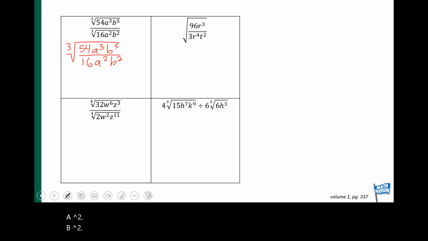Then removing the common factors, we can simplify 54 divided by 16.